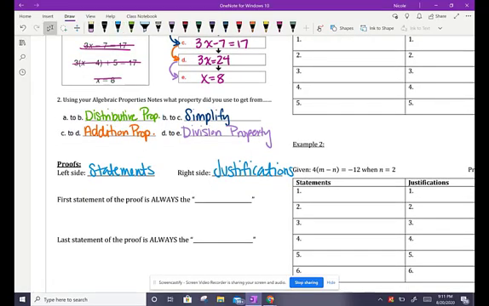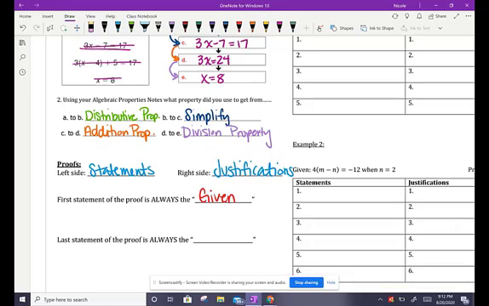When we write our formal proof, our first statement of the proof is always what we call the given. What information are we starting with? If you look over at example 2, just to the right here, we have a given right here. So that's what our first statement is going to be.